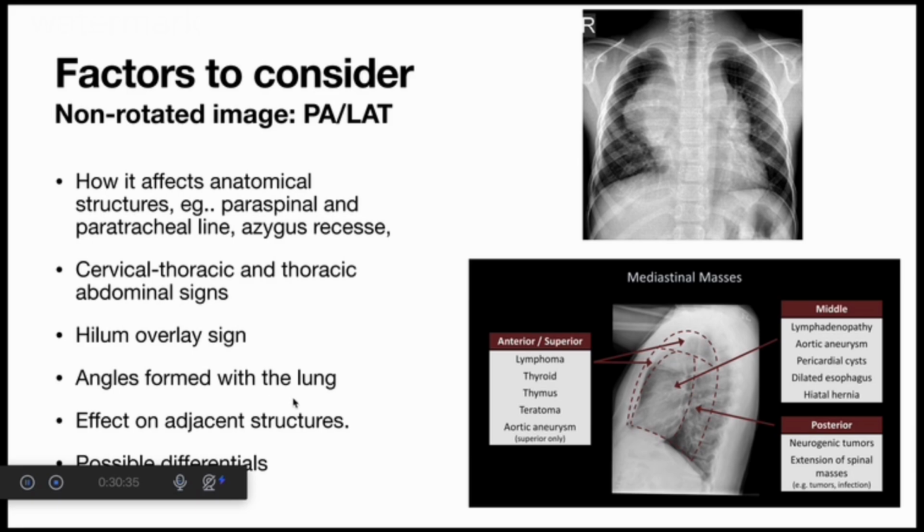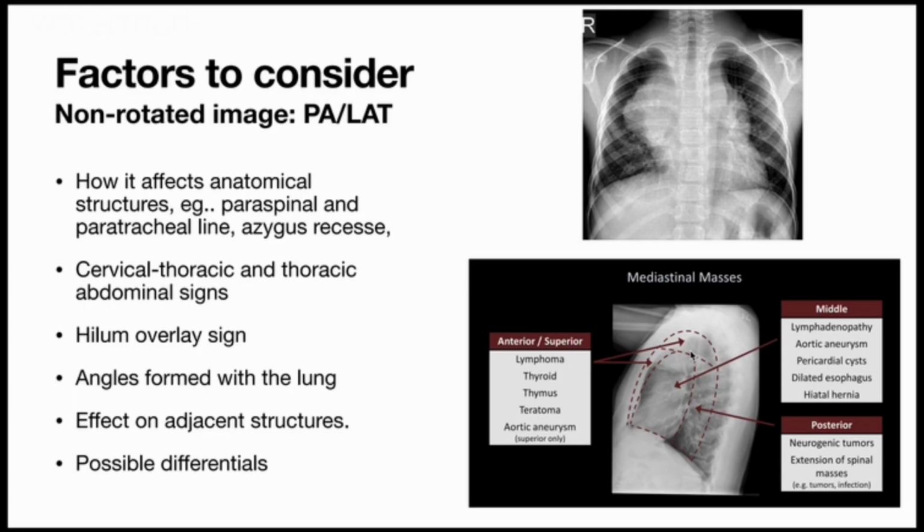Angles formed with the lung, and the effect on adjacent structures, give us the possible differentials. Like I mentioned earlier, this mediastinum may be divided into 3 main compartments, and the structures there may give us the differential diagnosis.